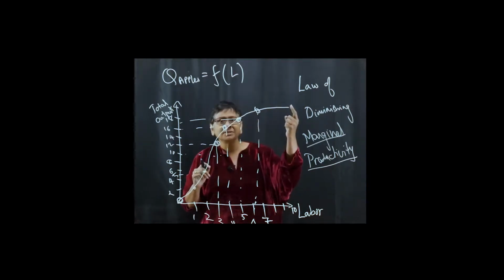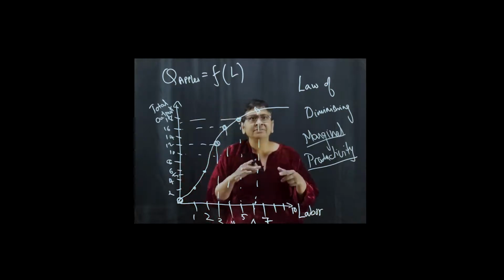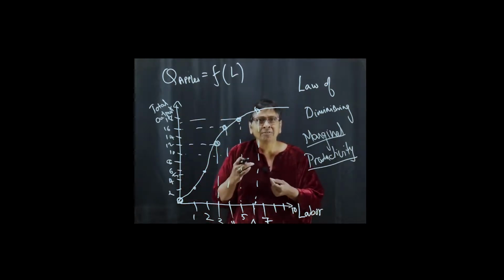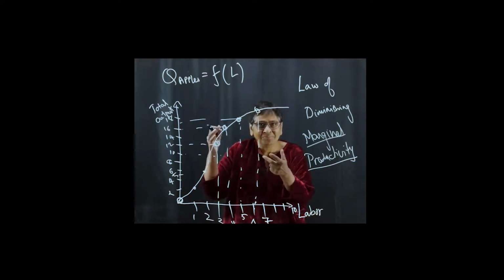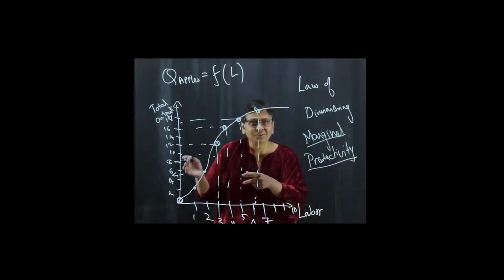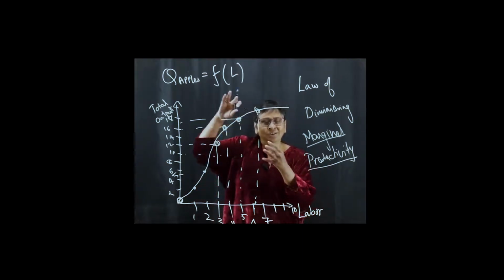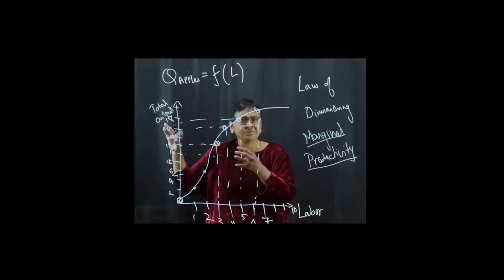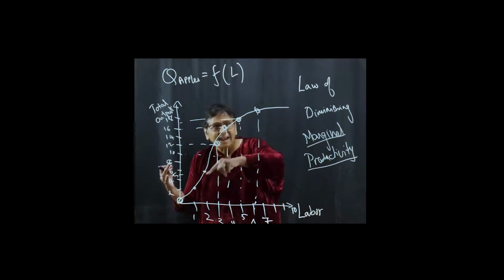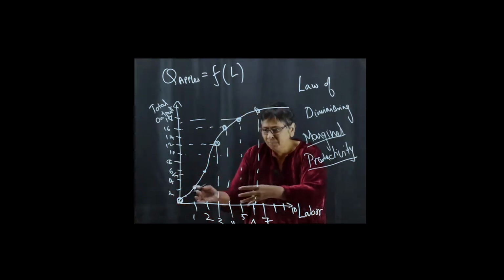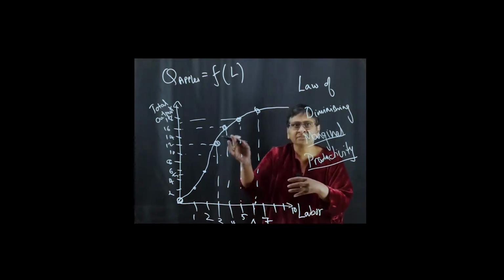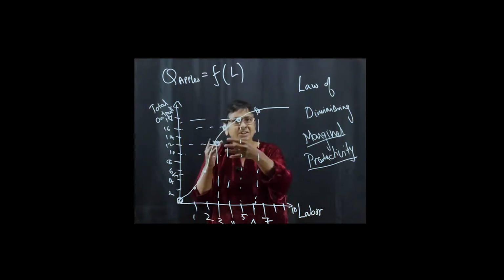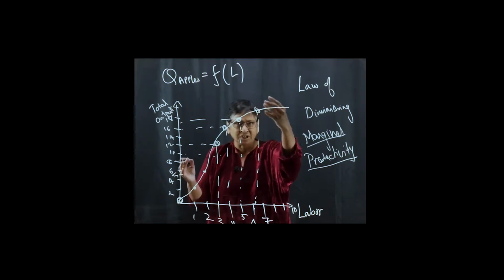You've come across this when we saw the PPF and we said there was a law of increasing opportunity costs, right? The more and more of a product you start producing, the cost of it in terms of the use of the resources becomes higher and higher. And that's because the more you're producing and using workers here, you're beginning to draw in the less productive workers. And you're actually getting in each other's way, and you're not getting the benefits of division of labor anymore. And so S-shape, right?